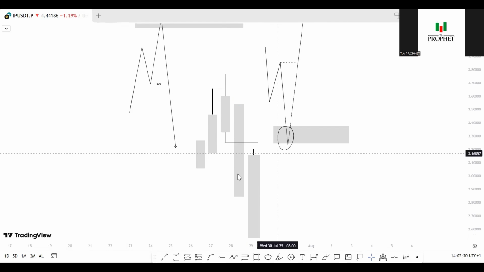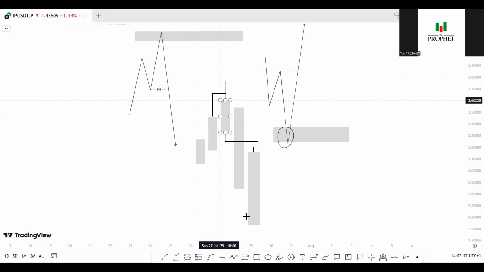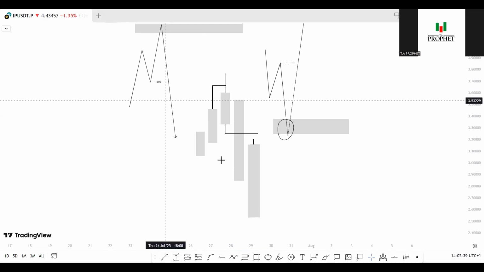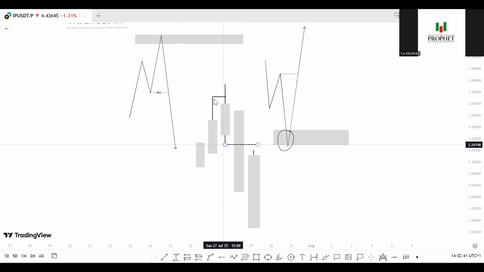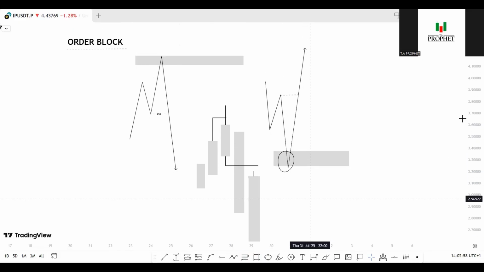So number one, for a candle to be referred to as an order block, after it is formed, the impulse movement must break structure. Number two, there must be a liquidity sweep. That means the high must sweep the previous candle high. Understand? And lastly, there must be a fair value gap or an imbalance. Do you understand now? So that is basically it.